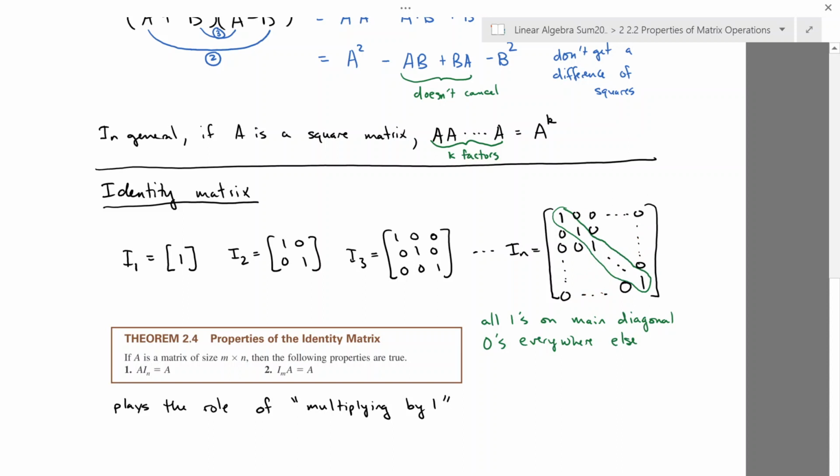And again, as I said, the identity matrix plays the role of multiplying by 1. So whether you multiply on the left or on the right by the appropriate identity matrix, it doesn't change the matrix at all.